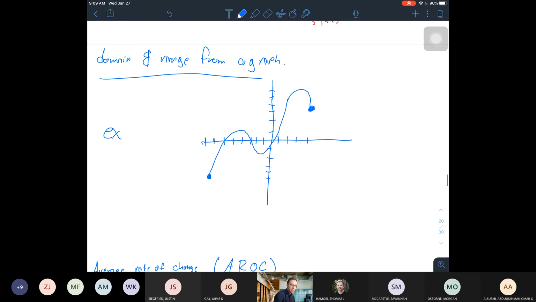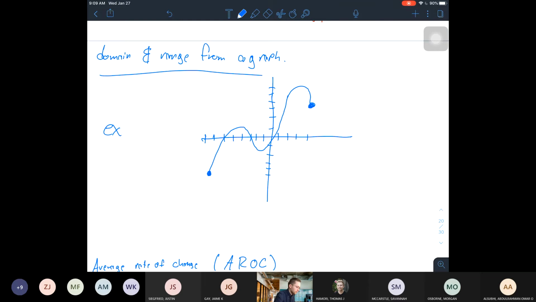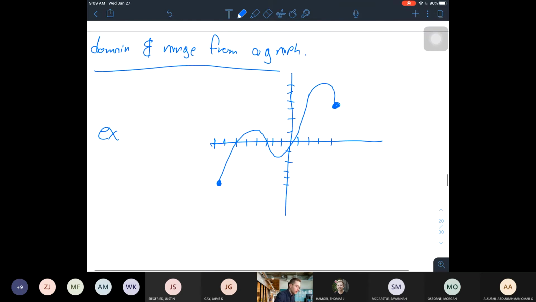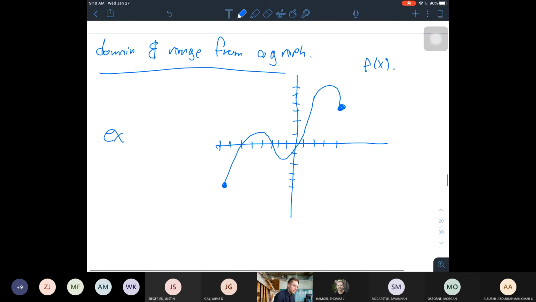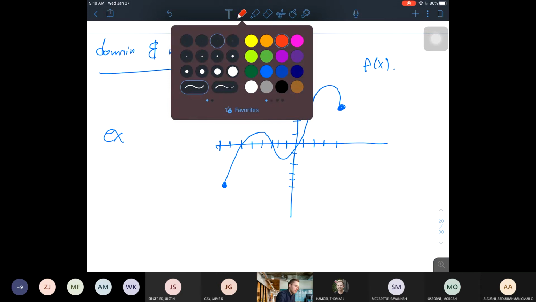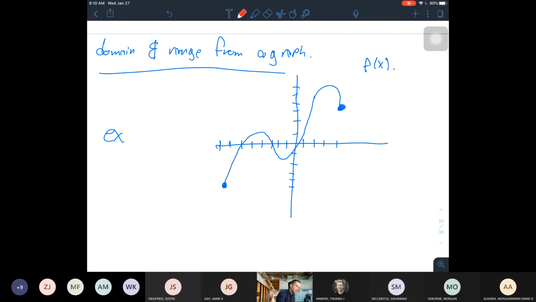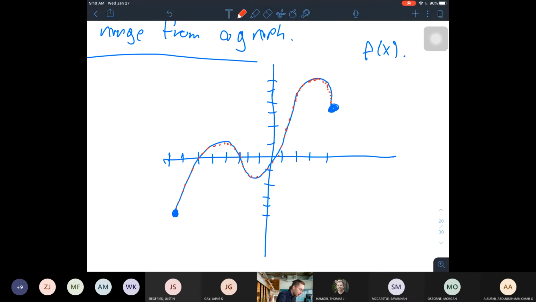This is following up on what Kumar was asking. If we have a graph such as this, and this is some function, f of x, the way we read the domain and range from the graph is by considering all of the points along this function and all of their possible x values.